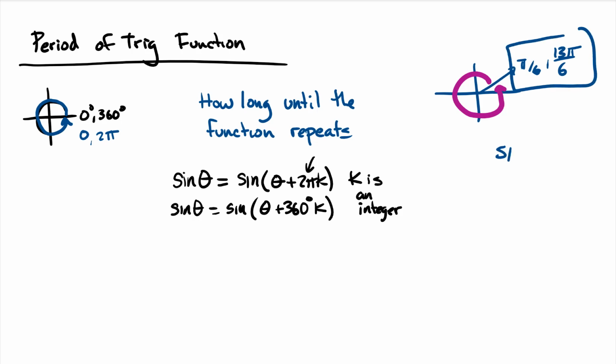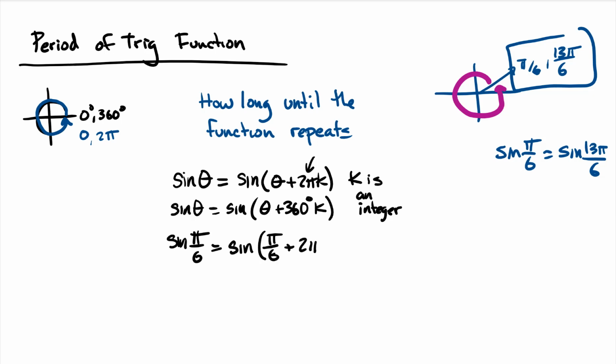For sine, it doesn't really matter. As long as you spin around in the circle, you still terminate in the same spot. As long as there are coterminal angles, you're still going to get the same answer out of it. So what I just wrote is sine of pi over 6 is the exact same thing as sine of pi over 6 plus 2 pi.